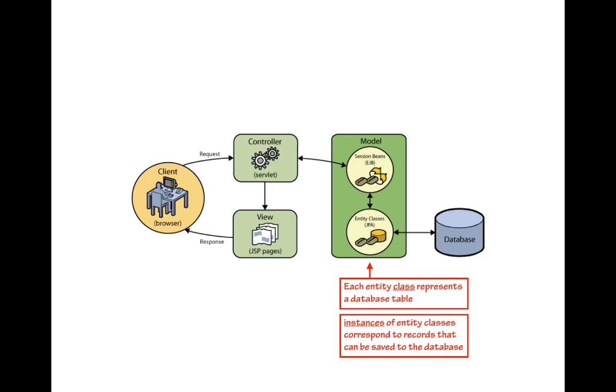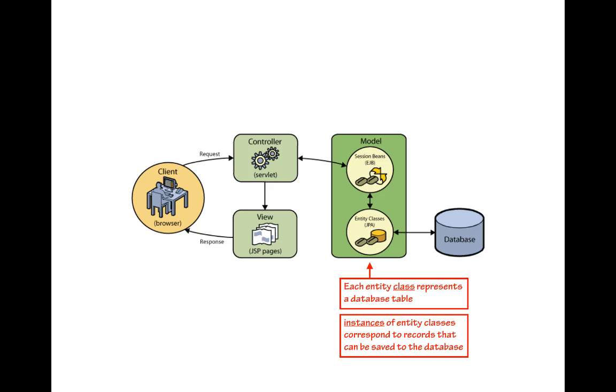Entity classes correspond to the tables in your database. They contain fields that correspond to the fields of the table they represent, and they have getter and setter methods for each field. Each entity, that is, each instance or object, corresponds to a record or row in the table that the class represents.